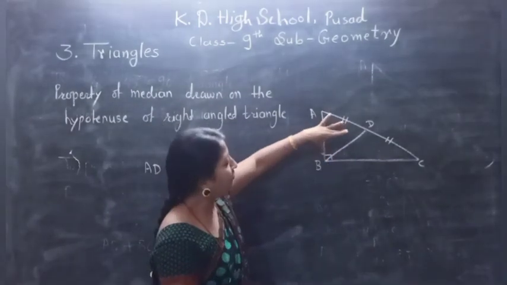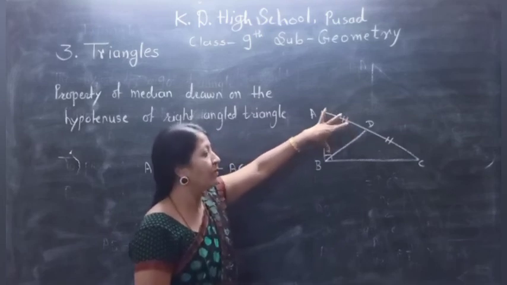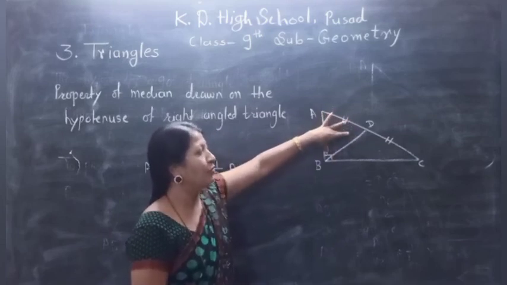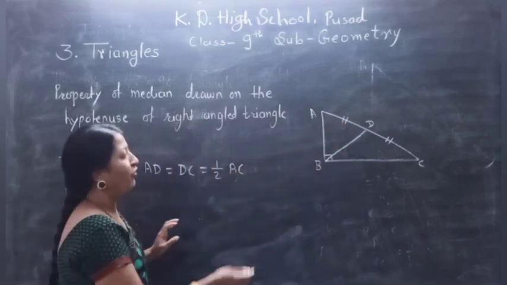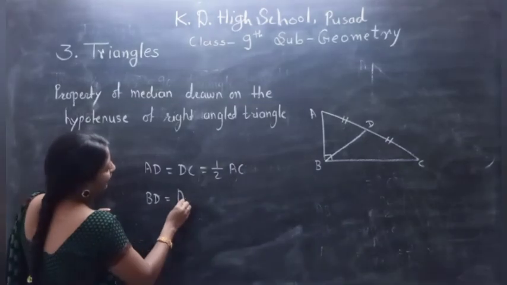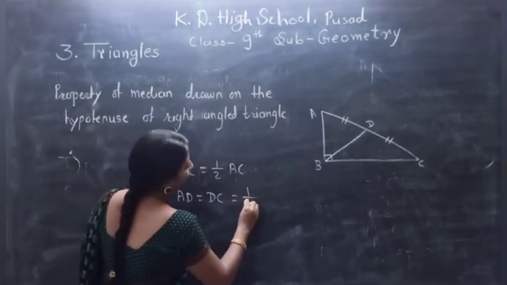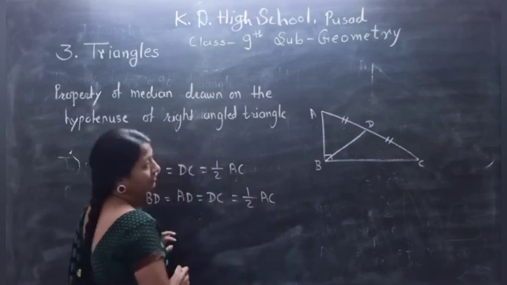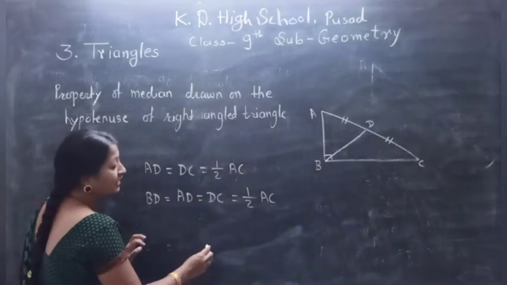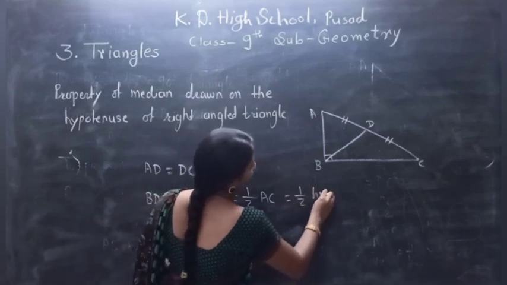Okay, now if we measure the length of segment BD as well, what we observe is that BD is equal to AD is equal to DC is equal to half of AC. And AC is nothing but the hypotenuse. So you can write half of the hypotenuse.